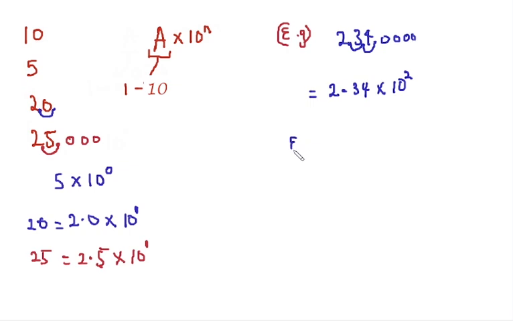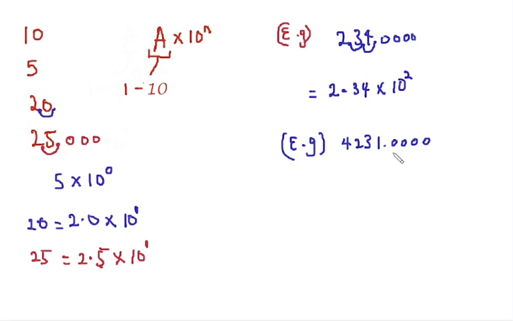For another example, let's say we are asked to convert 4231 to standard form. You can still pause the video and try to solve this one yourself. This number can also be written as 4231.000. It doesn't change anything.